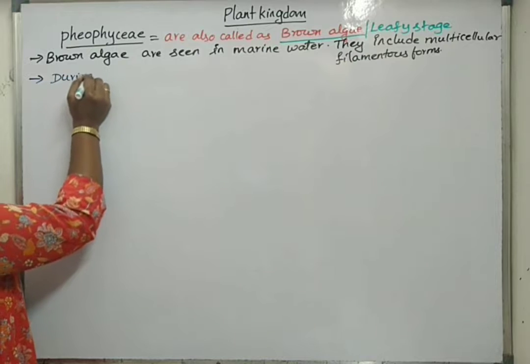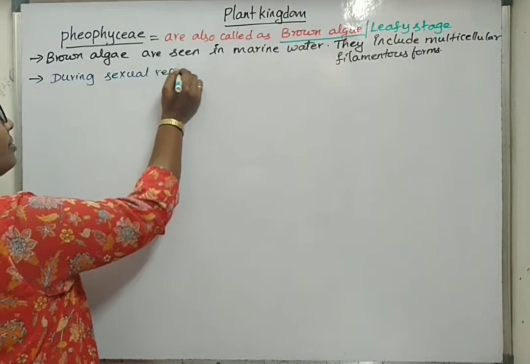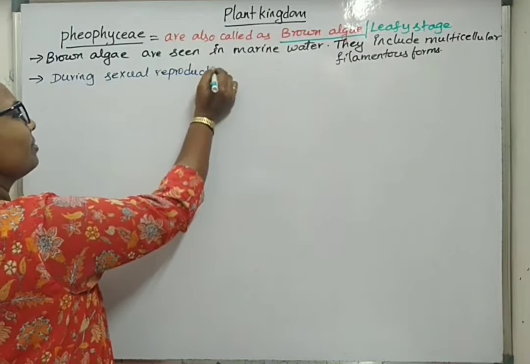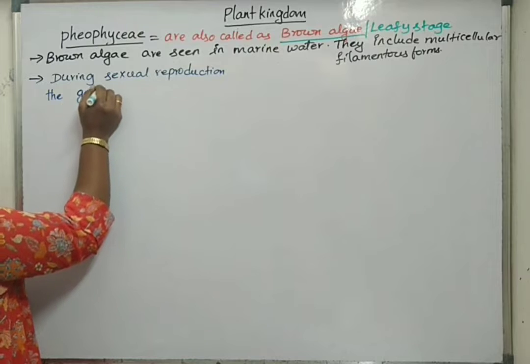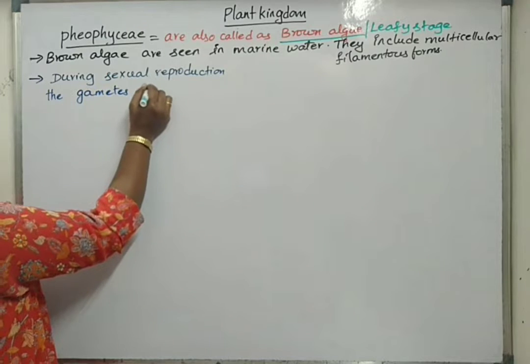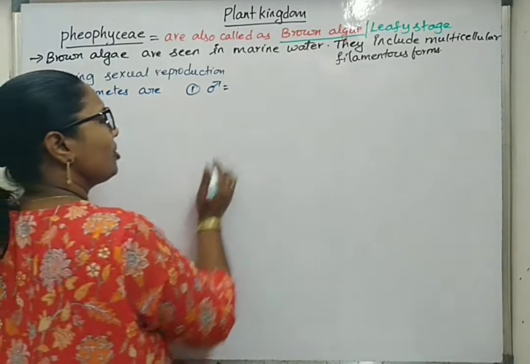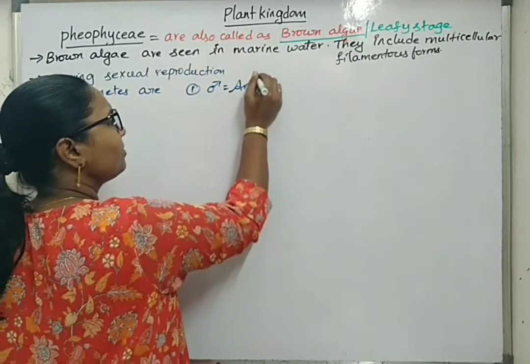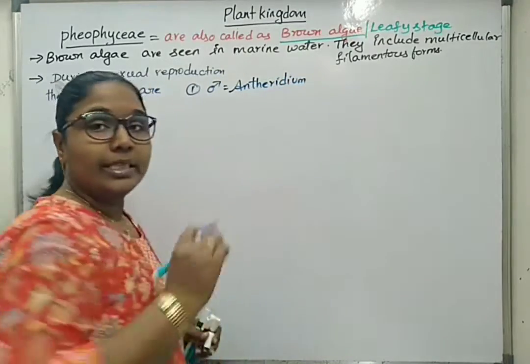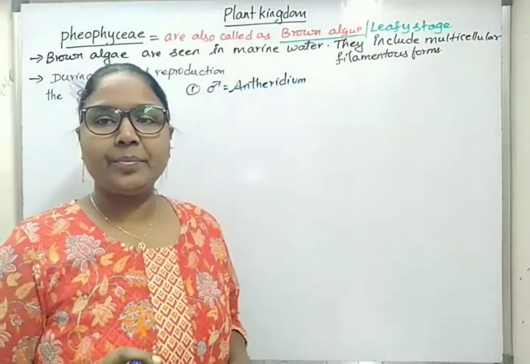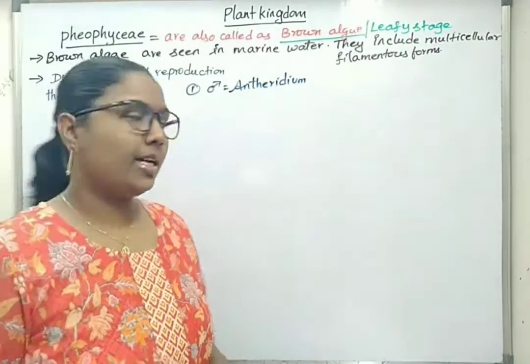During sexual reproduction, the gametes are, first one, male. It is also called as antheridium. Its body is of pear shape or pyriform with two unequal flagella.